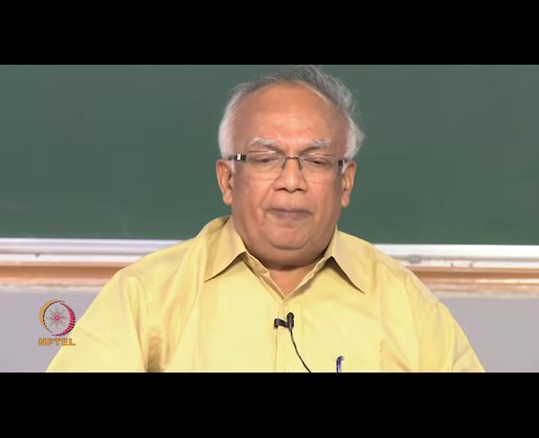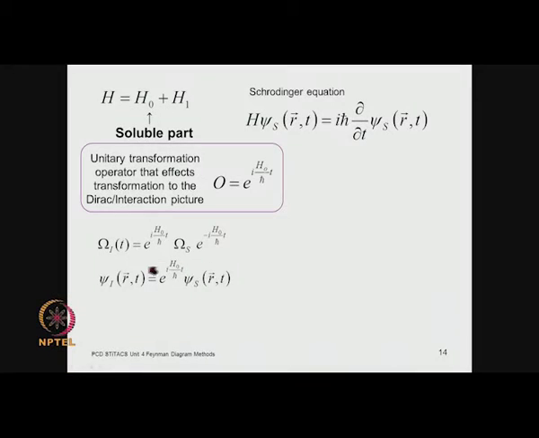So, here we are, this is what we get for the interaction picture operator and the wave function, and if you now operate on the interaction picture wave function by the adjoint of this operator, which will be e to the minus i H 0 over h cross t, then you get the Schrodinger picture wave function, right.